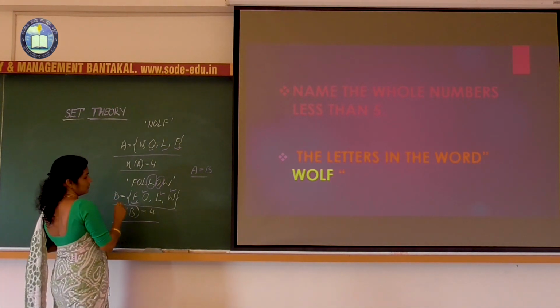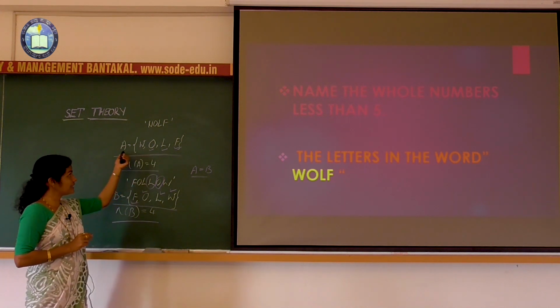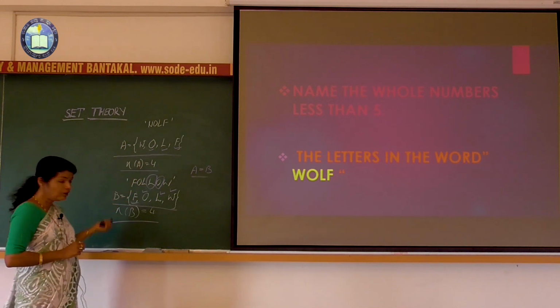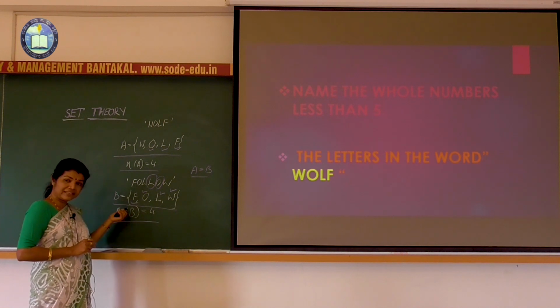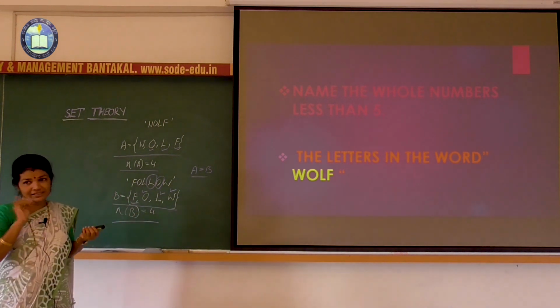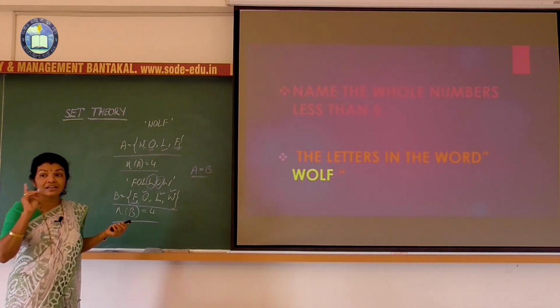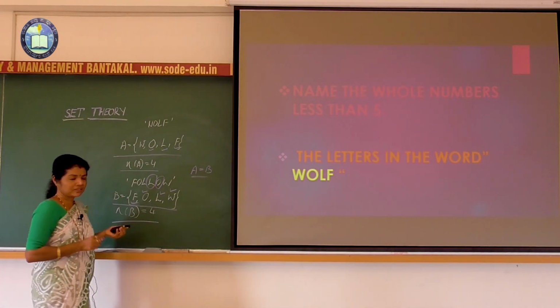And order is not important. Set A has 4 elements, W, O, L, F. Set B also has the same 4 elements, W, O, L, F, but in a different order. So while writing the elements, order is not important, and repetition should not be allowed. Is it clear to you? Okay, fine.